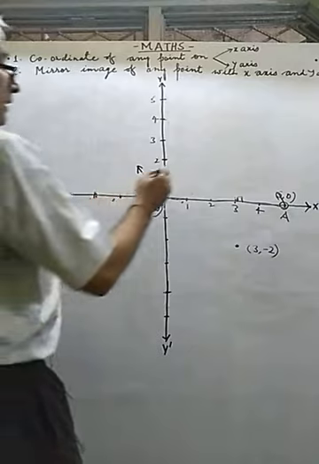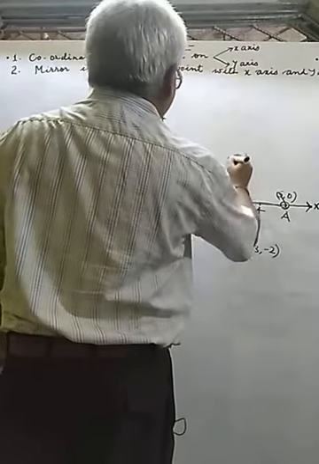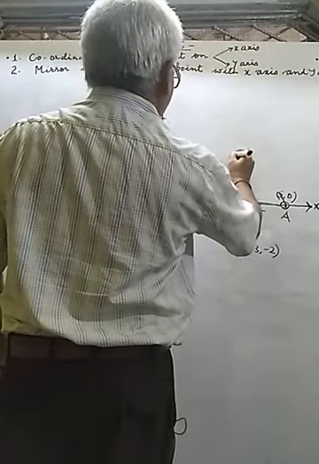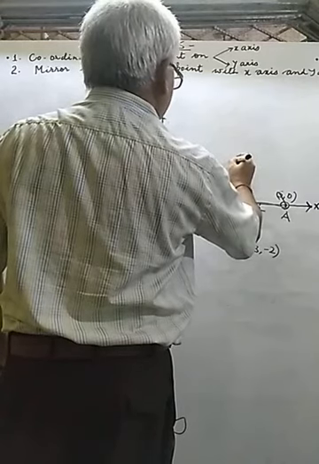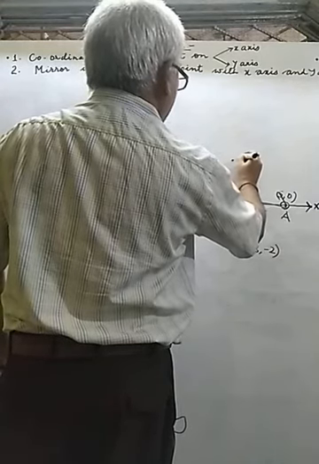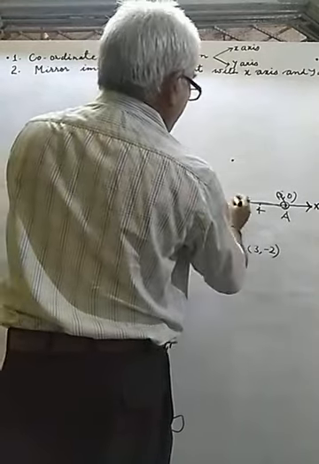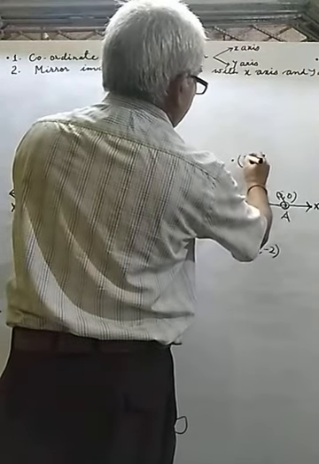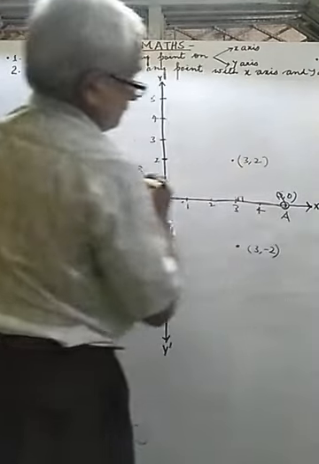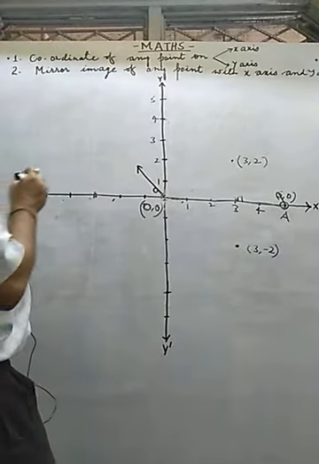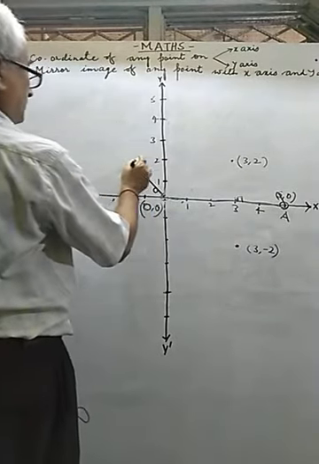Clear? And a point is here. So this one is 3 and this one is 2. Again a point is given here.